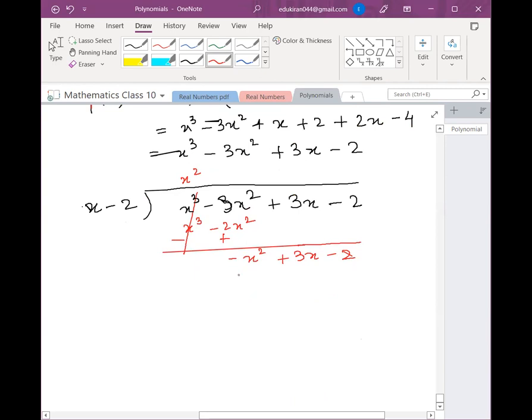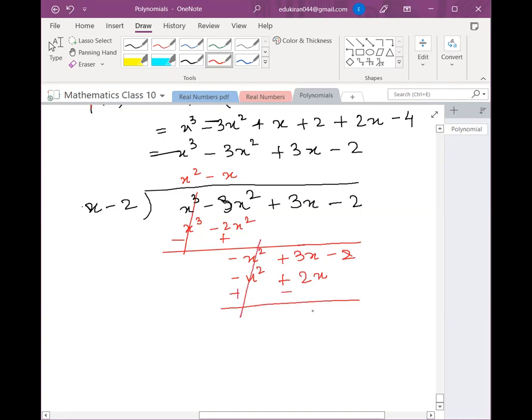But first understand what I'm doing. I have x here and x square here, so I'll multiply with minus x. So x into minus x, minus x square. And then minus 2 into minus x, so plus 2x. So plus and minus, this will cancel out.